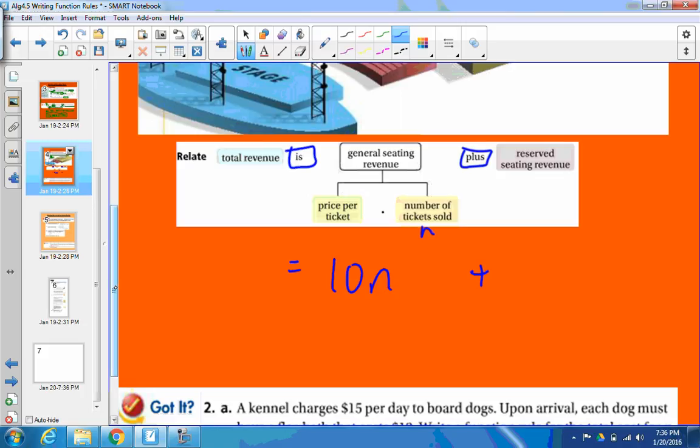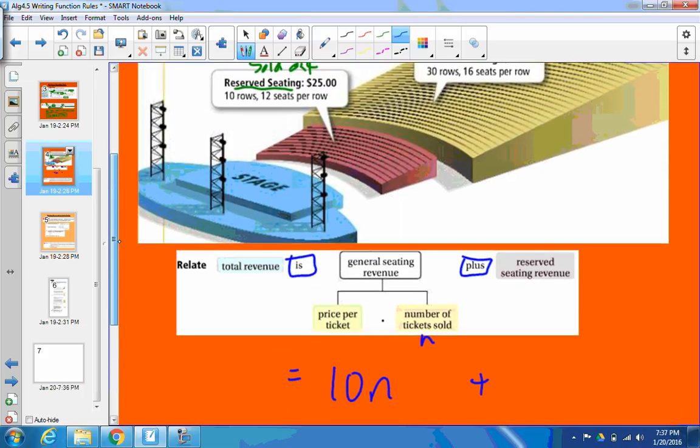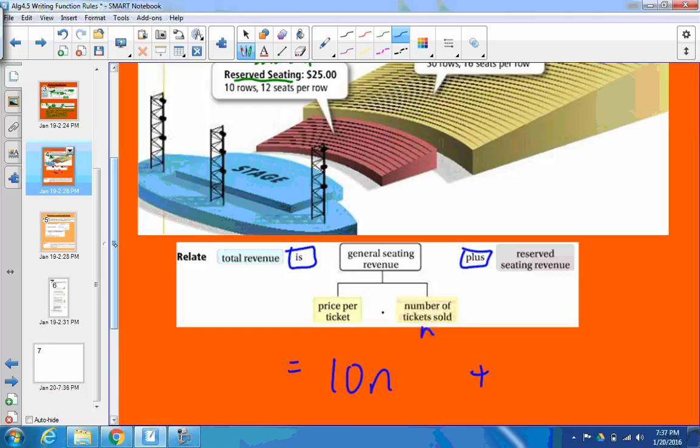So we can actually figure that out. If it's $25 per ticket, there's 10 rows and there's 12 seats per row, so 25 times 10 rows times 12 will get you that. That's going to be our total revenue, we'll say is R.